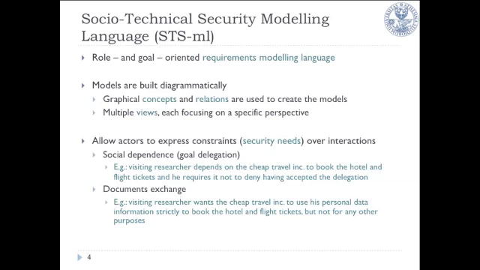But he might want to express that he wants this information to be strictly used for the scope of booking the flight or the hotel, not for any other reasons. And moreover, he might require that this information is not disclosed to other parties, so it's kept private by the travel agency. So this is yet another set of constraints the different interacting actors can express to others when entering into interaction with them.